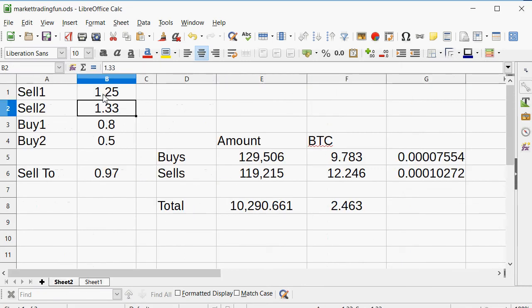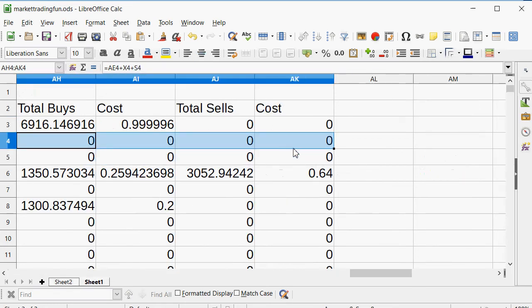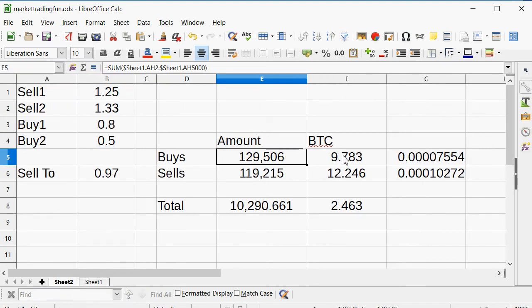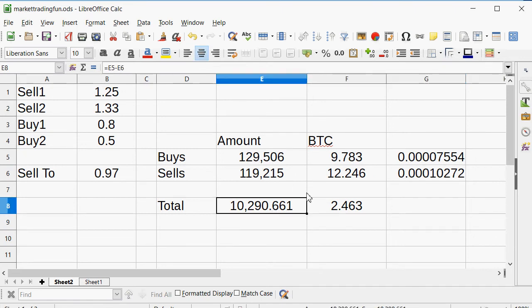So to program this, just take the sum of all the buys and sells from in here. That's why this column is here in the first place. And then the Bitcoin, same thing. This number is this number divided by that. And then this number is to subtract this, and subtracting again. Subtract this from this and this from that.